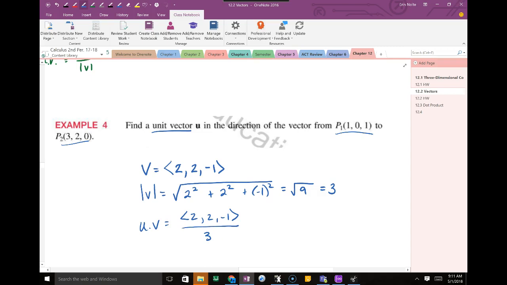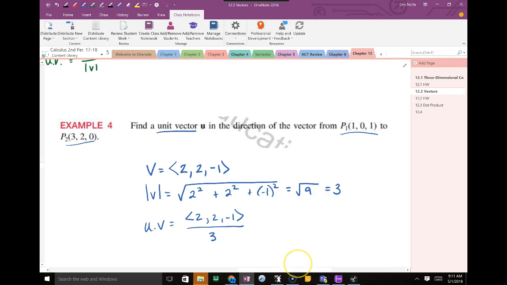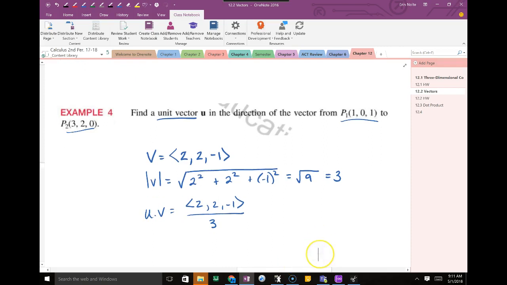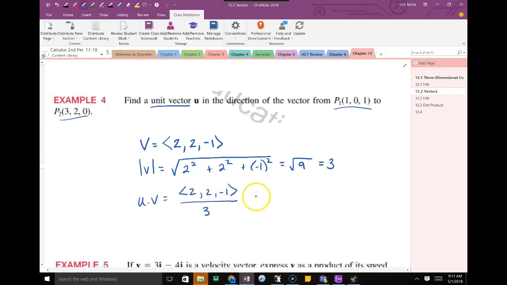If I divide by 3, what is that the same as doing? Multiplying by 1/3. So really all I'm going to do is take this 1/3, and this is what's called a scalar. So if I have a scalar that's being multiplied by a vector, what do you think I would do?